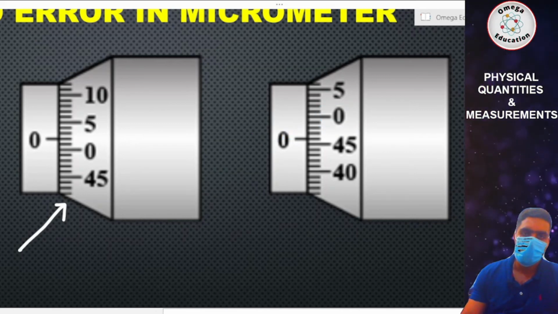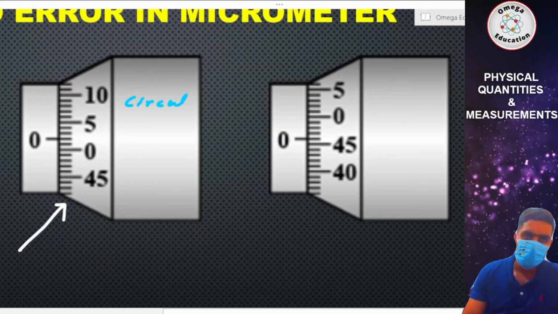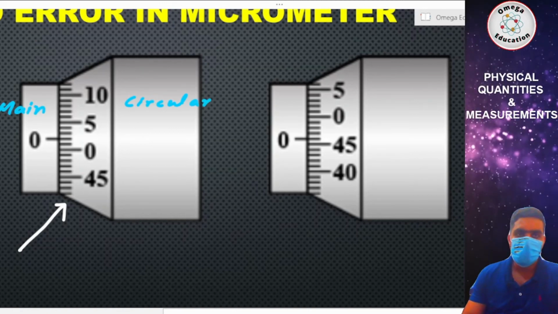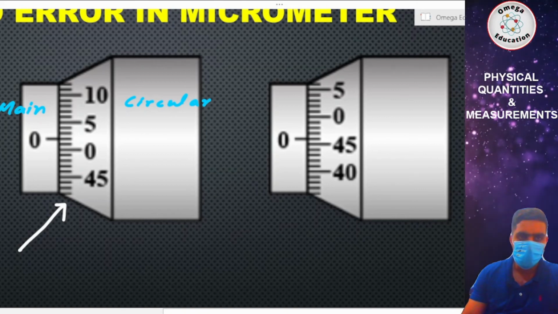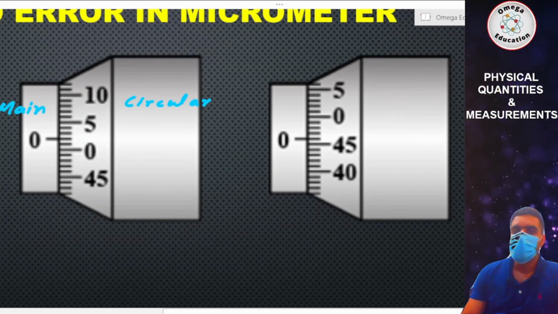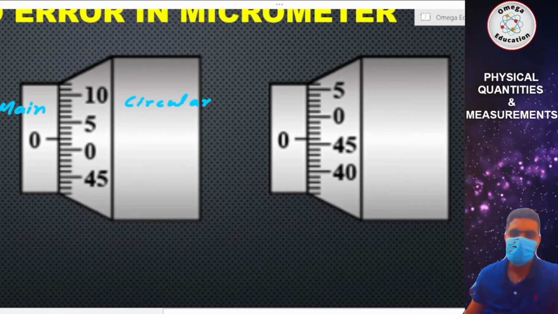All right, so once again, this one is circular scale and this side is the main scale. So if the zero of the circular scale is below the zero of the main scale, it has the zero error, or even if it is above the zero of the main scale, it still has the zero error.